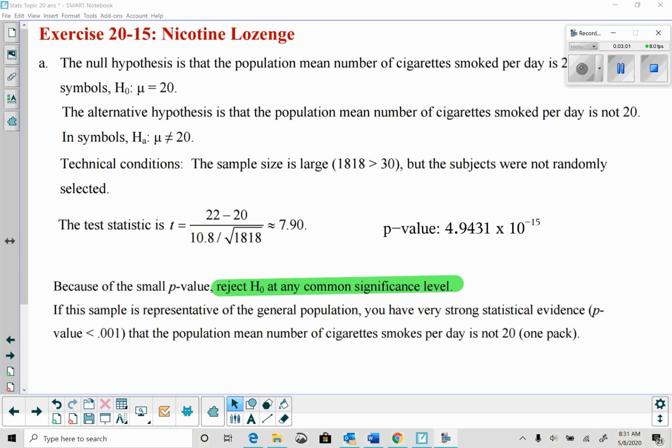So if this sample is representative of the general population, we have very strong statistical evidence that the population mean number of cigarettes smoked per day is not 20. Okay.